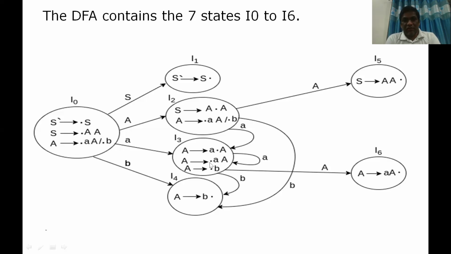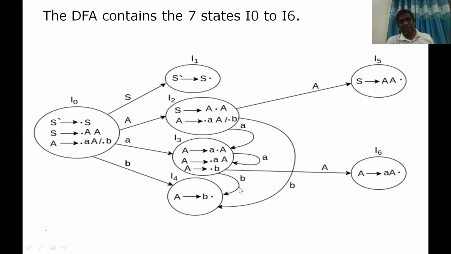Okay, and then from here, on small a, it is going to be a dot a, which is nothing but this. Again, it produces the same three productions. Therefore, I3 on small a is connected to I3 itself, because it will produce the same three productions again. You can calculate it later. And I3 on B is connected to I4, because dot will be moved over here, which produces the same production as I4.